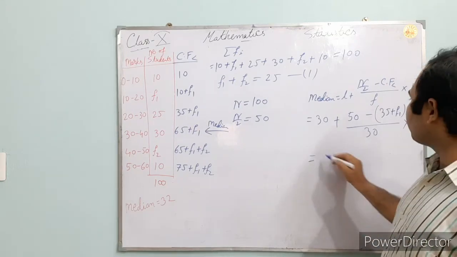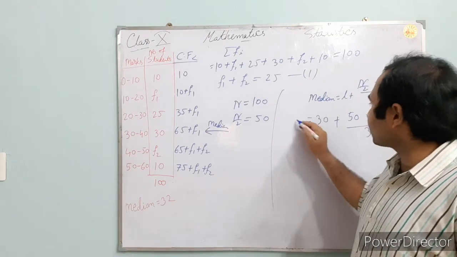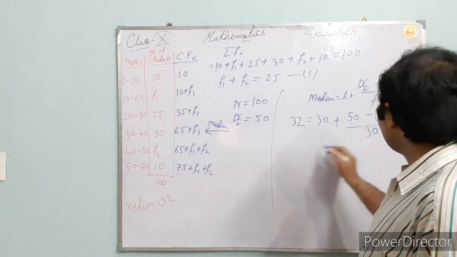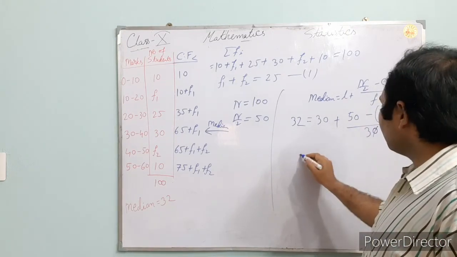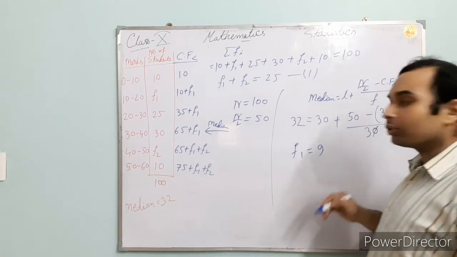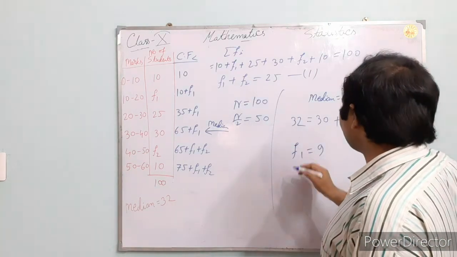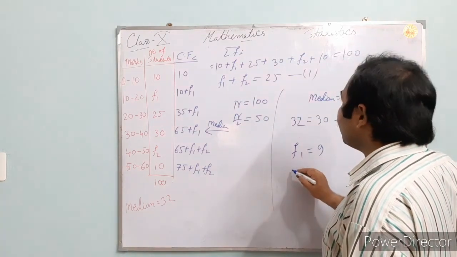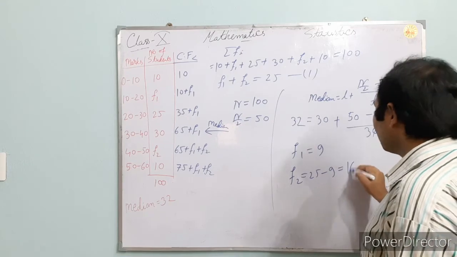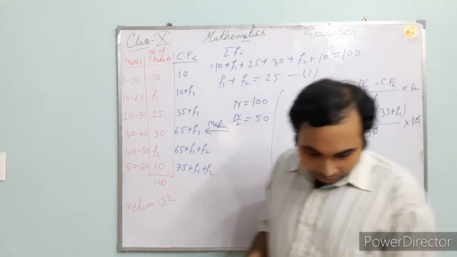So let us solve this, equal to what is given here, that is 32. So let us find this f1. Okay, so f1 will be coming 9. So whenever f1 is coming 9, from equation number 1 we will get f2 equals 25 minus 9 equals 16.